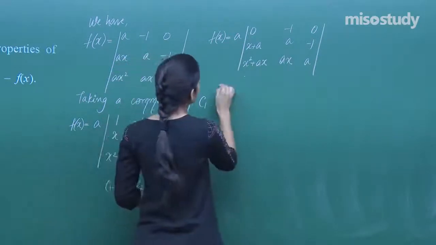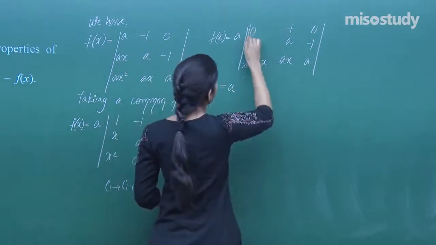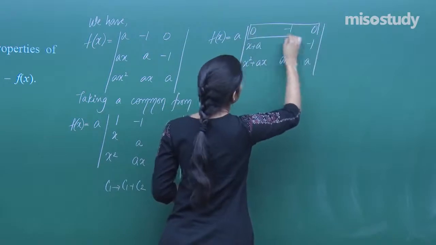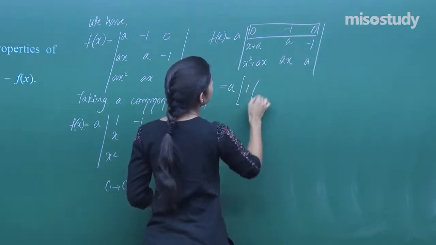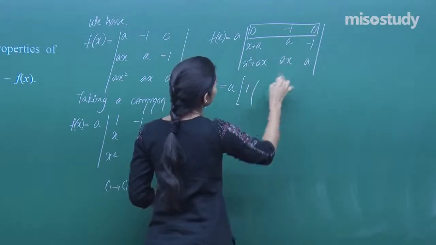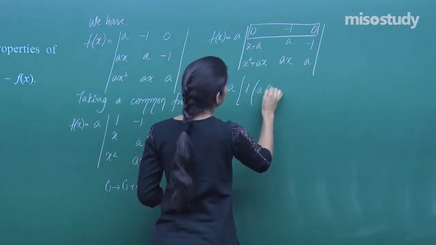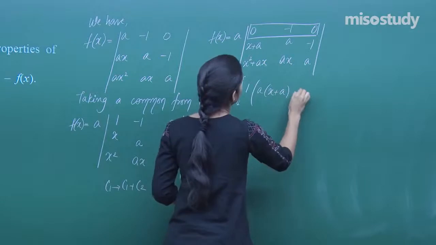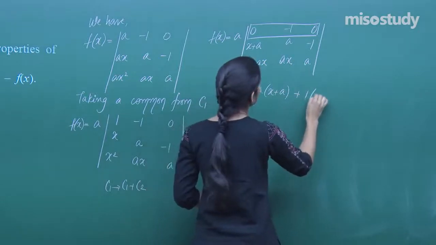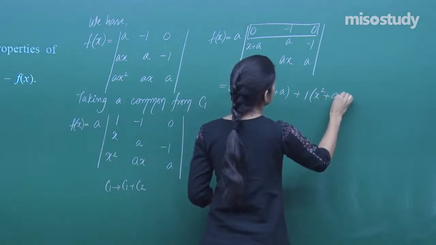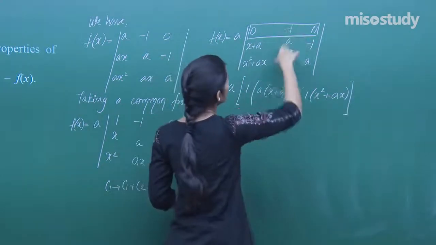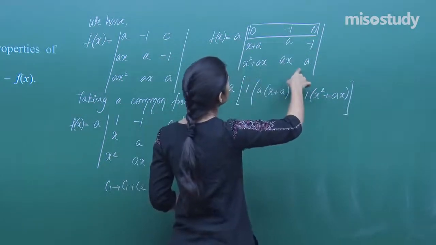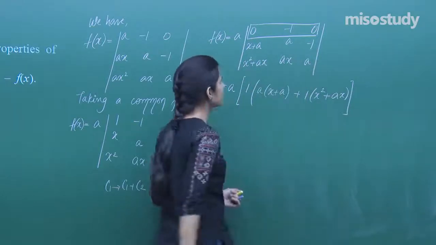Okay, so here if I expand along the first row, a is already there, minus of minus 1 gives me 1, and I have x plus a into a plus 1 into x square plus ax. Fine, this gone, you have x plus a into a plus 1 into x square plus ax.